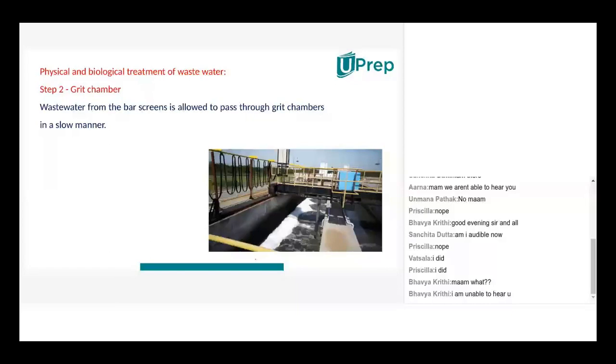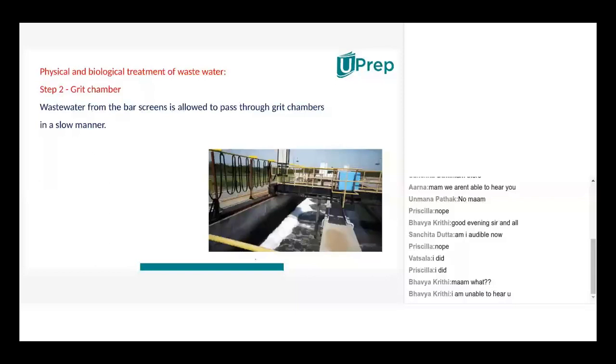So what happens here in the grit chamber? I think once the water passes through the bar screens, the water travels slowly, and then the smaller impurities are also removed.